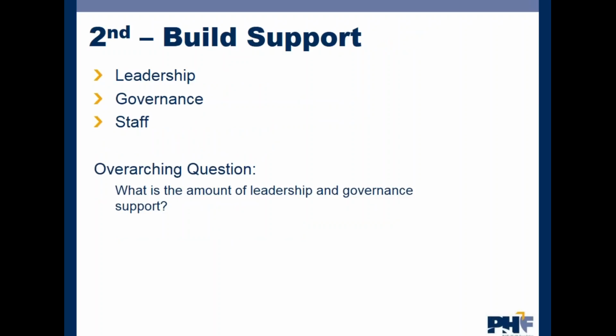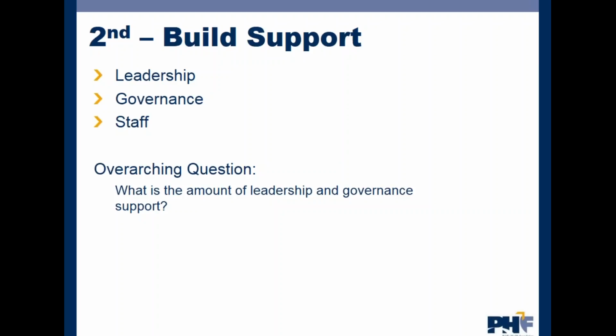Second is building support, and it's critical to have this to go through the process. And it's going to take some time to build that, especially if you have those that don't see the value of it and are not sure what you're going to gain. So you have to develop those things as well.